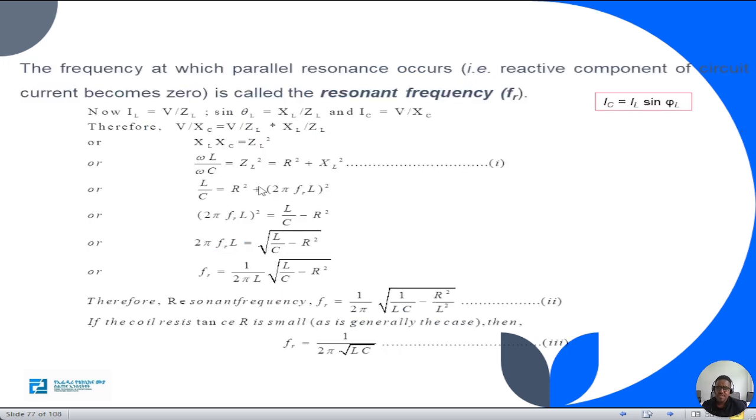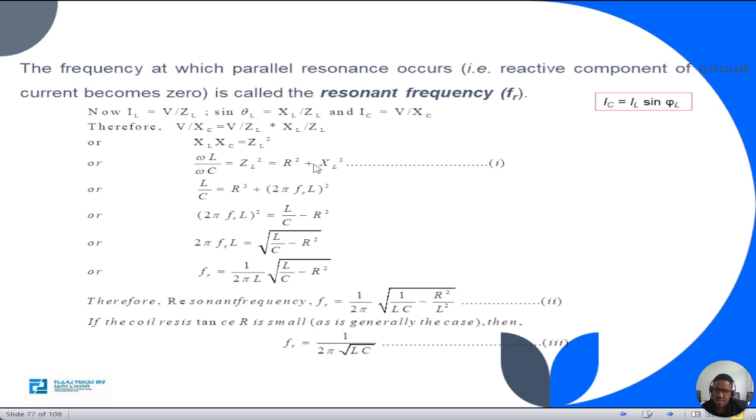The frequency at which parallel resonance occurs, where the reactive component of circuit current becomes 0, is called the resonant frequency FR, when IC equals IL sine theta. Now IL is V over ZL, sine theta is XL over ZL, and IC is V over XC. Therefore, V over XC equals V over ZL multiplied by XL over ZL, V by V cancelled, XL XC equals ZL square. So XL XC is 1 over omega C times omega L, omega by omega cancelled, equals ZL square.